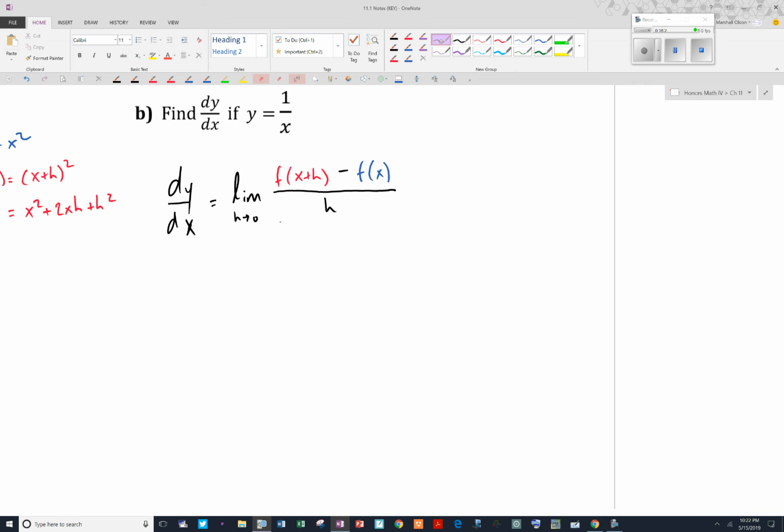Again, I just rewrote the formula to establish what colors my expressions are going to be.